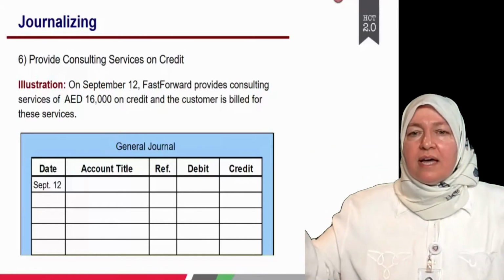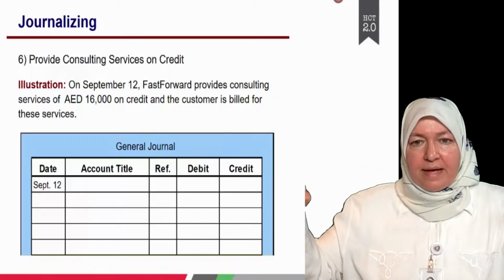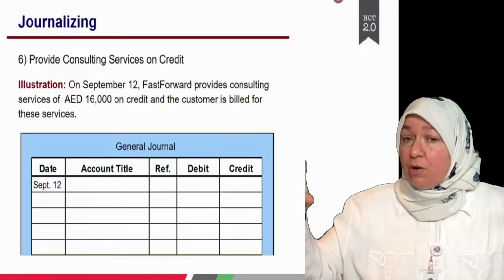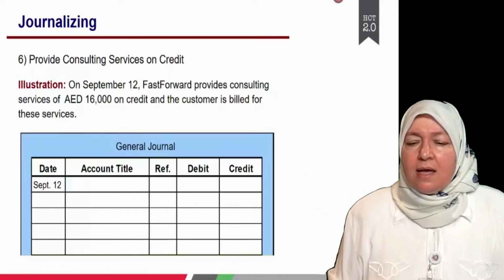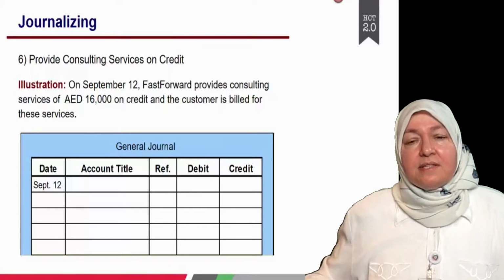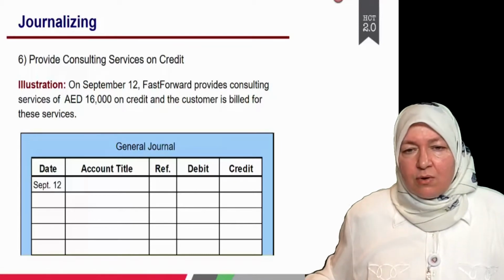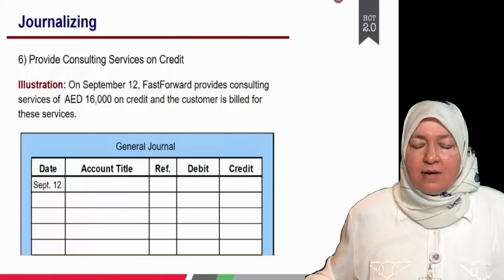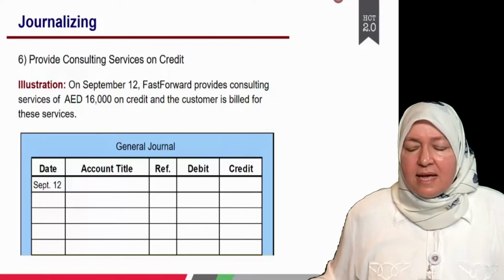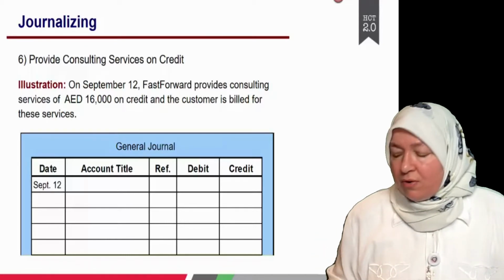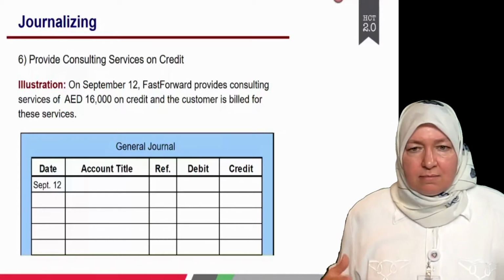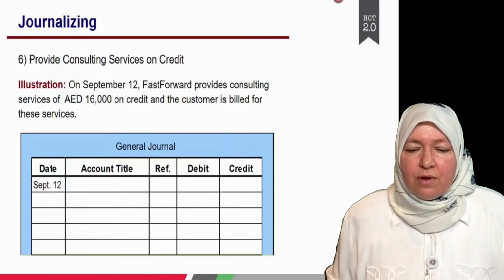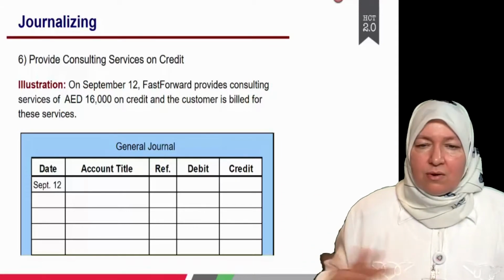So revenue as a group, its normal balance is credit, and it's increasing. And always, by the way, revenues, expenses, and drawings always come according to their normal balance because we call them temporary accounts, and they always come in the journal entry according to their normal balance, just in the journal entry. So this is a golden rule that you can always follow. So either they are increasing or nothing.